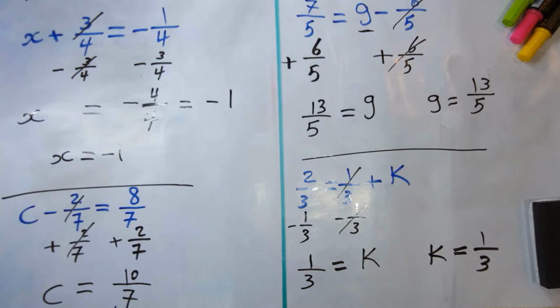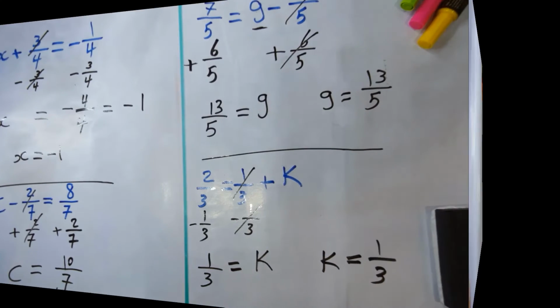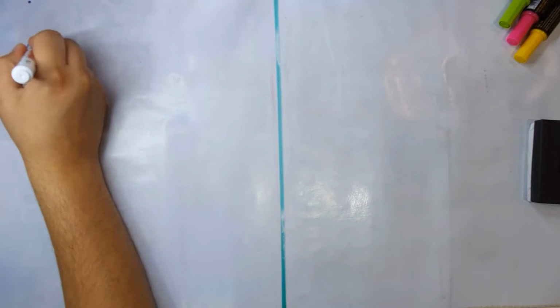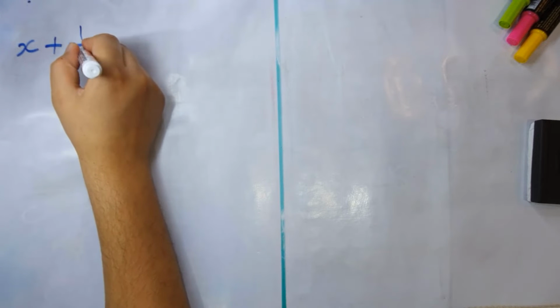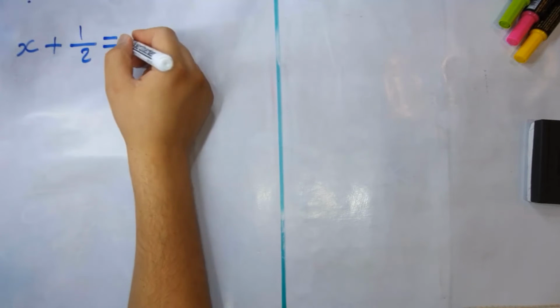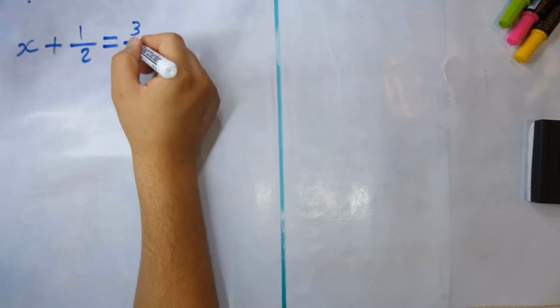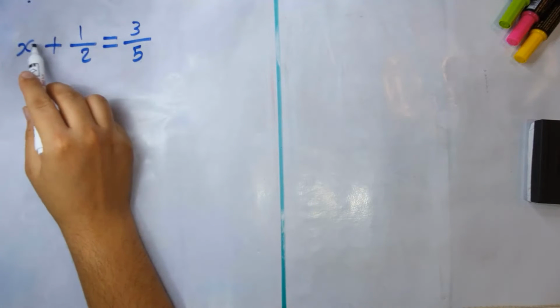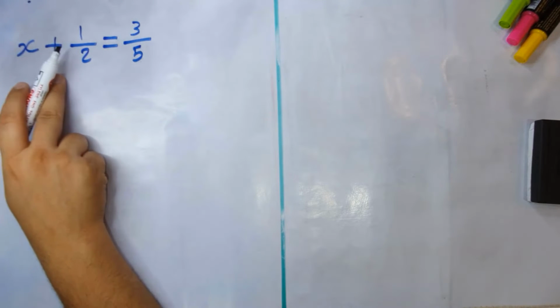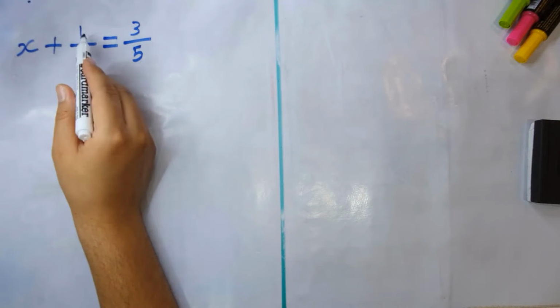More exercise. x plus 1 over 2 equal 3 over 5. How can we solve this question? First, we should make x alone on one side, so you should remove plus half.